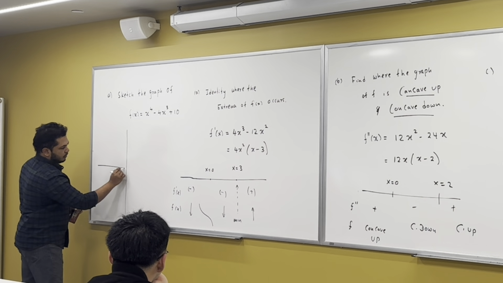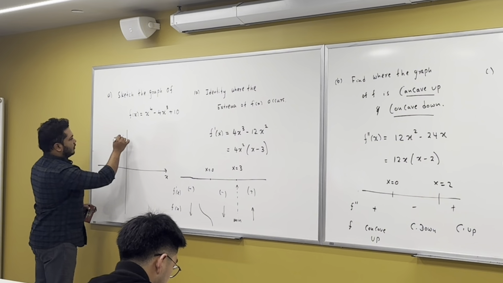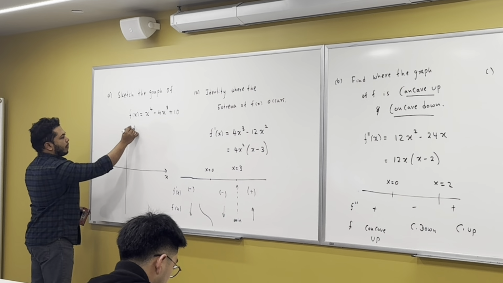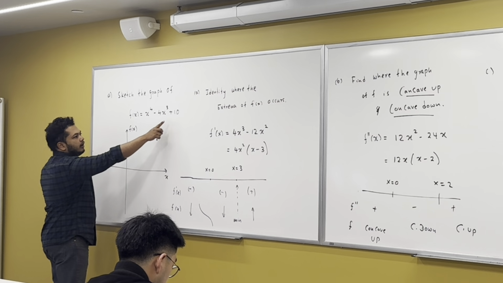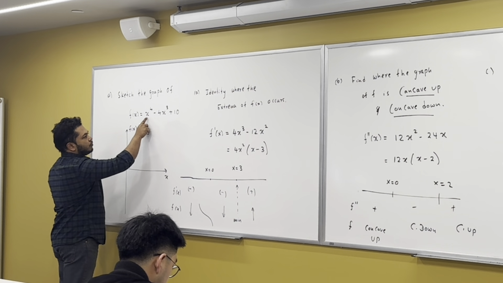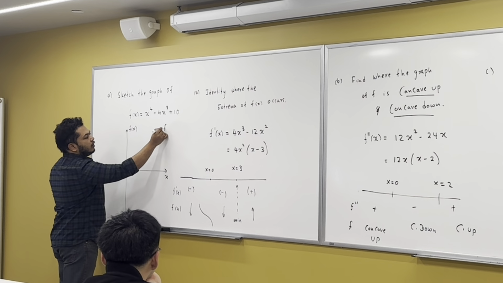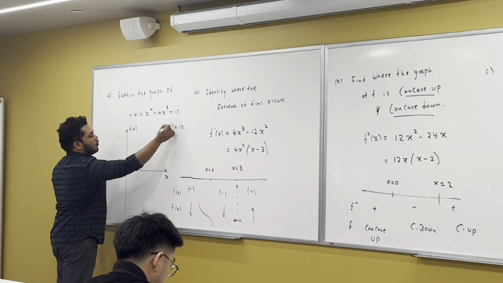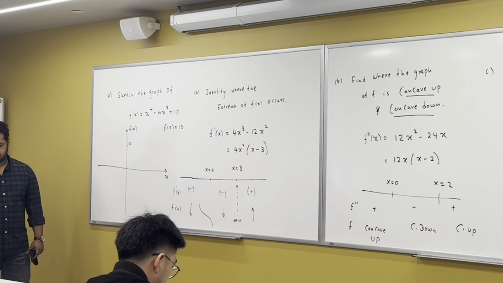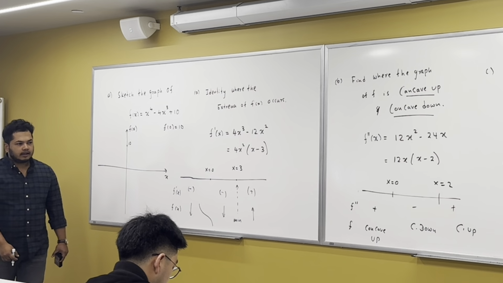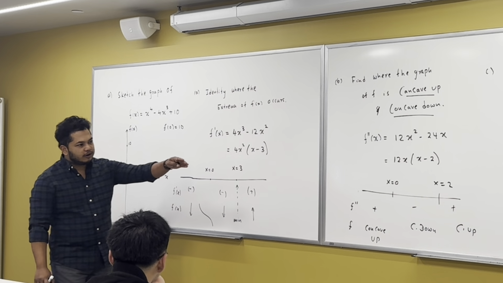Okay. This is my x. This is my f(x). So I can quickly look at my y-intercept, because if you put x equals 0, you get 10, right? That is your y-intercept. I can mark it here. What happened less than 0?